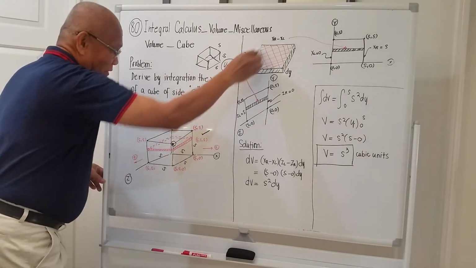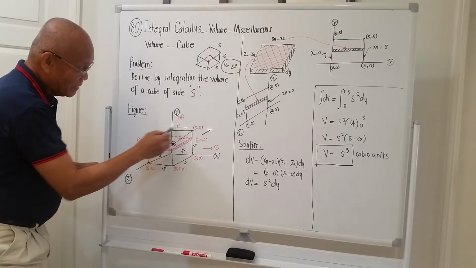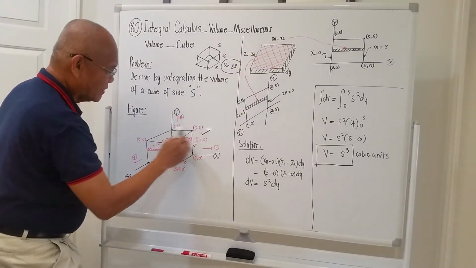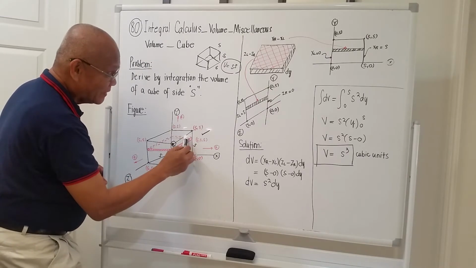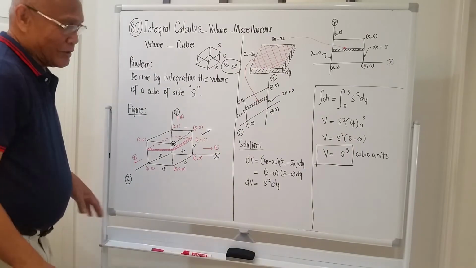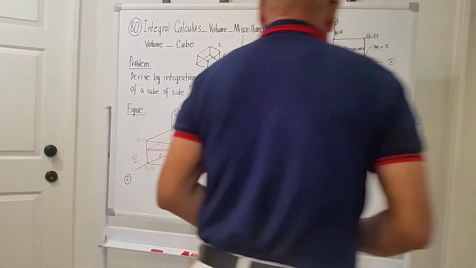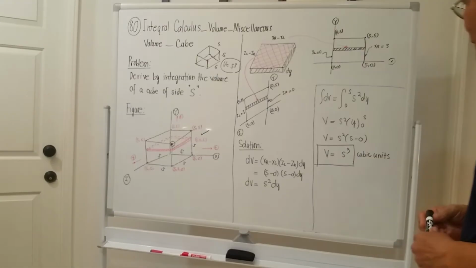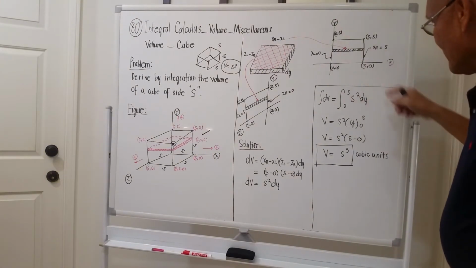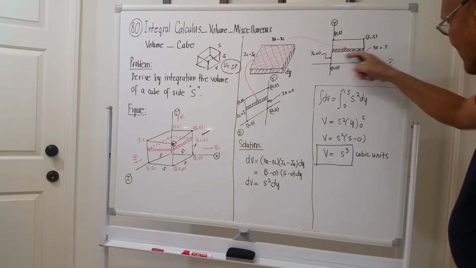This portion is actually this. And this portion here is actually this, the one in red. And the thickness is dy. So I drew a corresponding figure here to bring out the relation. Considering the XY plane, this is the horizontal slice.